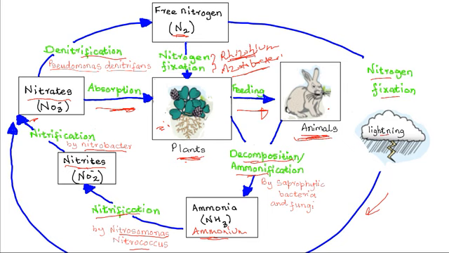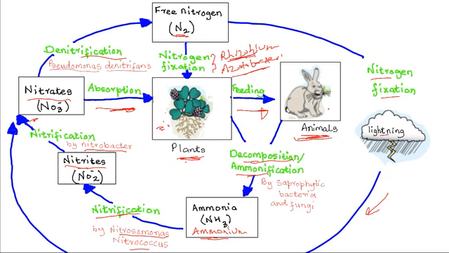The ammonia is finally converted into free nitrogen, which is then released into the atmosphere. So denitrification involves several steps: conversion of nitrates into nitrites, then nitrites into ammonia, and ammonia into free nitrogen, which is released into the atmosphere.